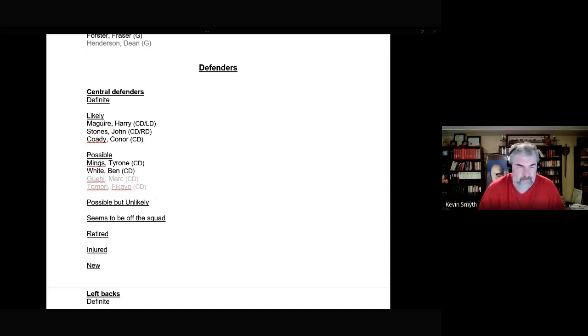Connor Cody, we have him as likely also because he started 5 of their 13 games since the Euro Cup, and he was on the bench for 8 others. So again, this likely means likely to be named to the squad, but it doesn't seem likely that he would be a starter there.